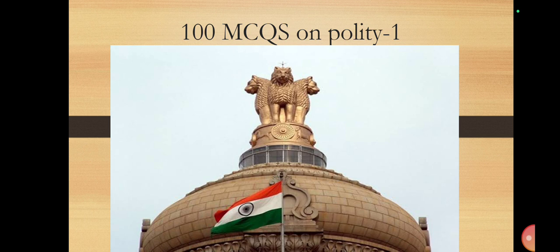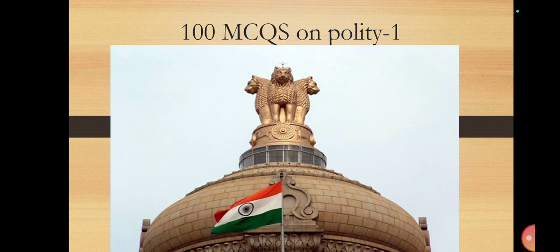Official language of the Union. The official language of the Union shall be Hindi in Devanagari script. The form of numerals to be used for the official purposes of the Union shall be the international form of Indian numerals. Notwithstanding anything in clause 1, for a period of 15 years from the commencement of this Constitution, the English language shall continue to be used for all the official purposes of the Union for which it was being used immediately before such commencement.